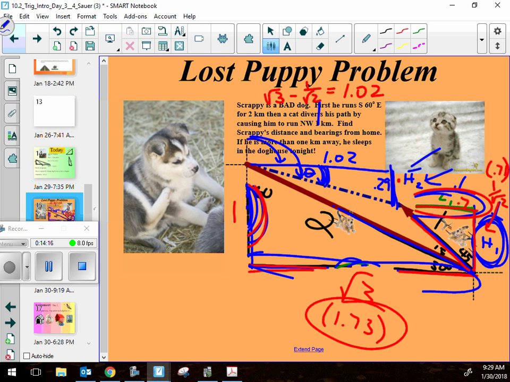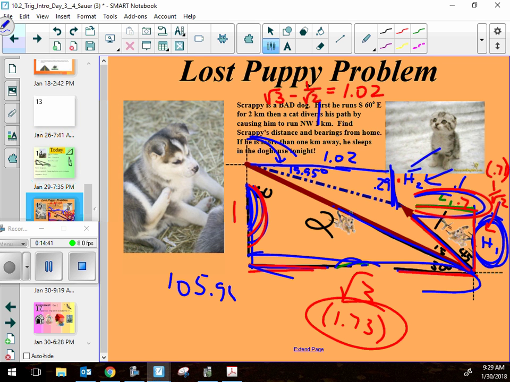Who's got that angle? Anybody? This angle right here? Yes. 15.9. 15.95. Okay, good. So then I'm going to put that here. So about 16 degrees.